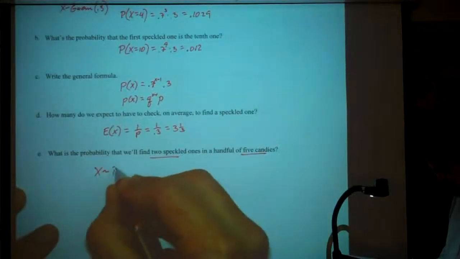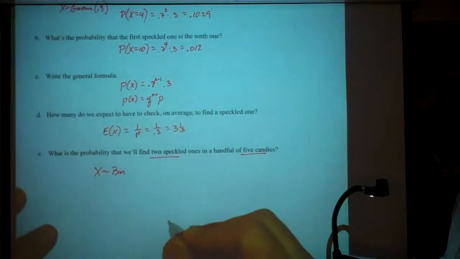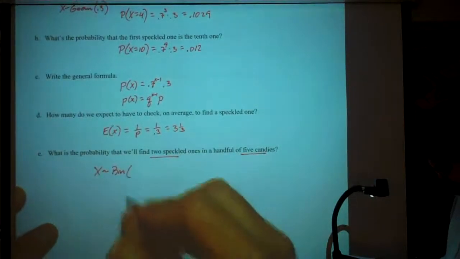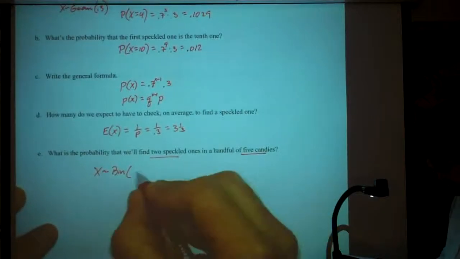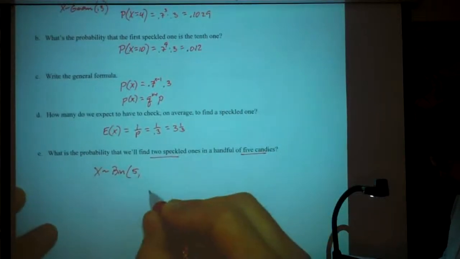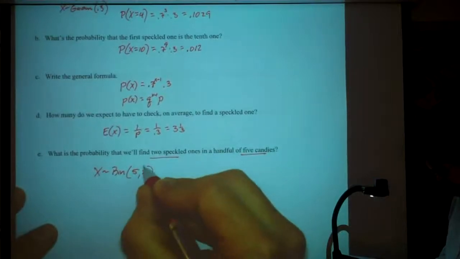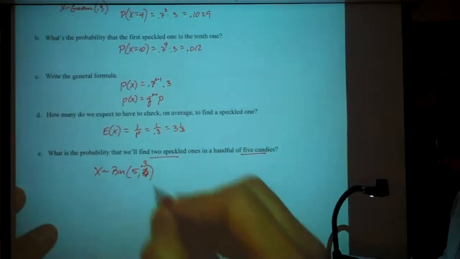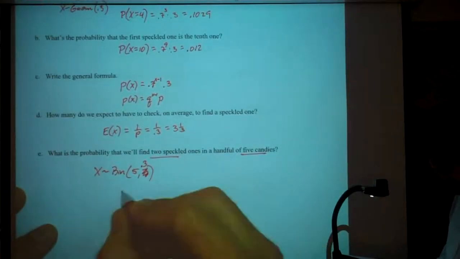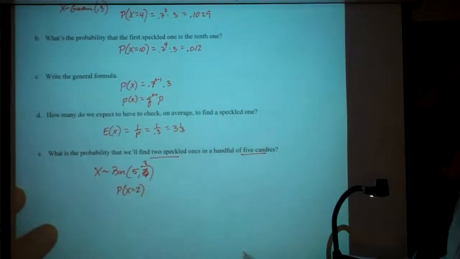Now we have a binomial random variable. It's a binomial random variable where n is 5 and p is 0.3. It's the probability of success. And what we want to know is, what's the probability that x equals 2?